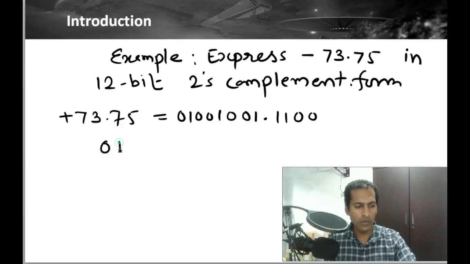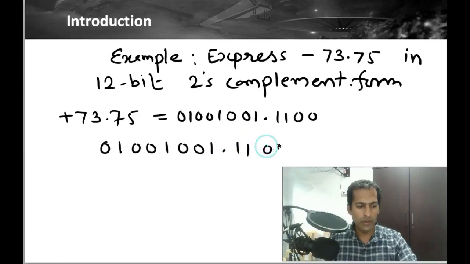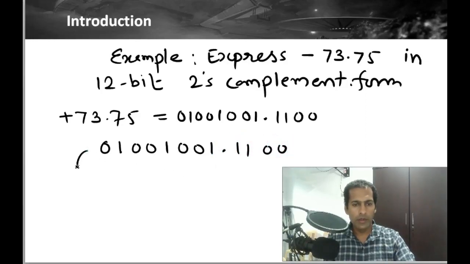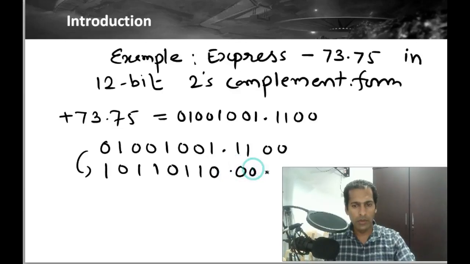Say we have 0 1 0 0 1 0 0 1.1100. So its one's complement will be 1 0 1 1 0 1 1 0.0011. So this one we can take as 2's complement by adding 1.